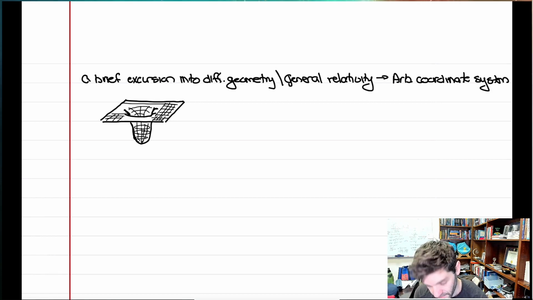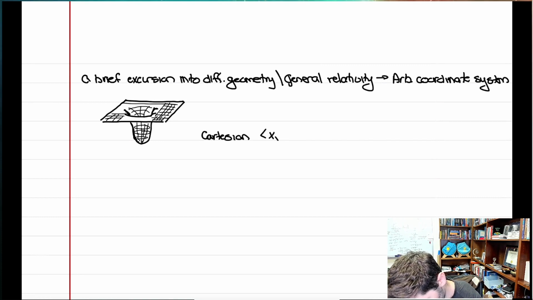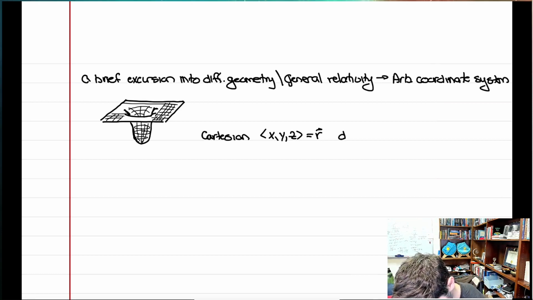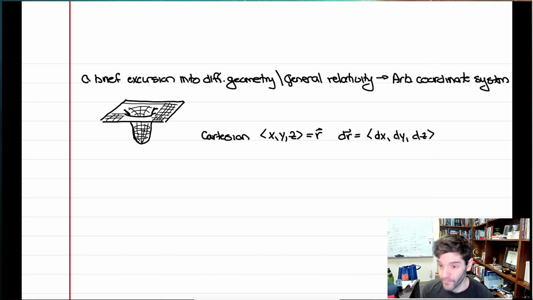And so let me motivate with Cartesian as a start. Cartesian. The position vector is given by x, y, z. A change in your position vector is then just dx, dy, dz. Pretty simple.